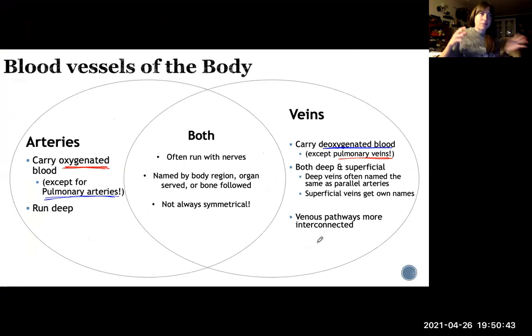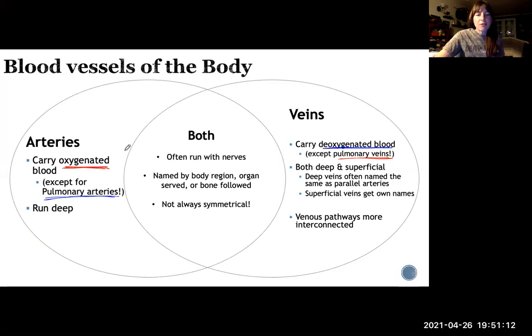While your arteries tend to branch and branch and branch, your veins will converge and converge, but sometimes they'll converge earlier and then you get kind of a web effect. So your veins can be a little bit more complicated to learn than the arteries. But in this class, we're just going to be learning about the parallel arteries and veins and not looking too much at superficial veins or any of the really complex venous pathways.